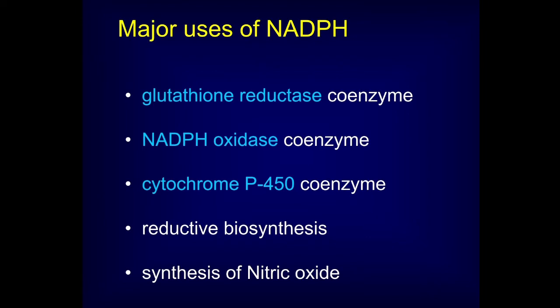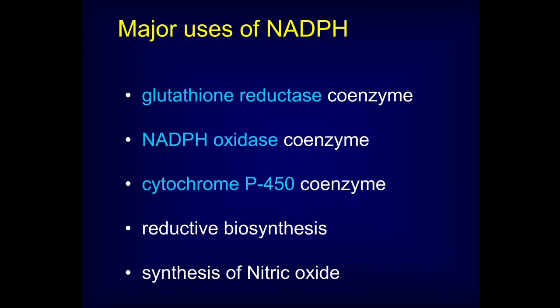The fourth important use of NADPH is in the reductive biosynthesis of both fatty acids and cholesterol. The fifth important use of NADPH as a coenzyme is by nitric oxide synthase, which produces nitric oxide.